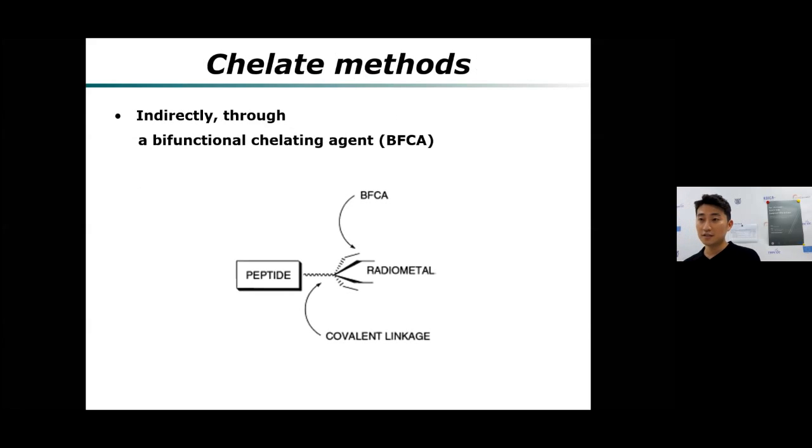In this case, the structure is relatively the same as this. A ligand, peptide, or small molecule is here, and using the ligand we make a covalent linkage, and then the bifunctional chelating agent is here, so we can label at this site.